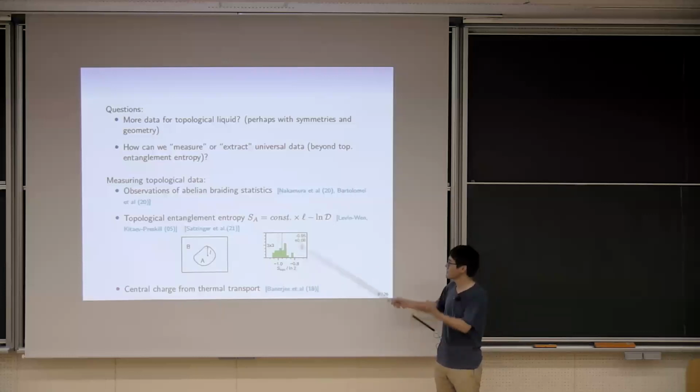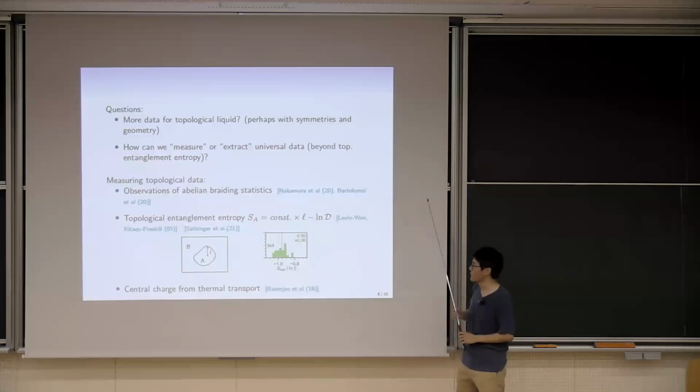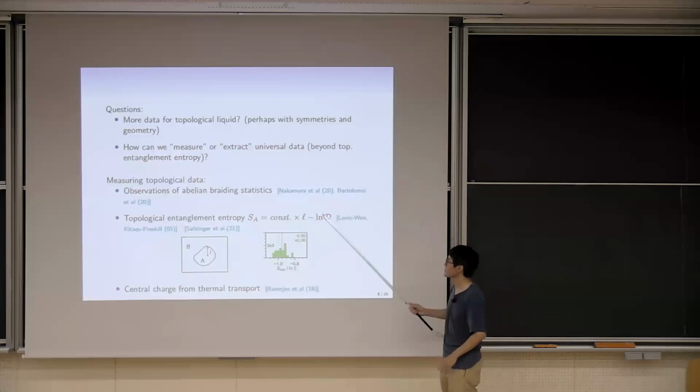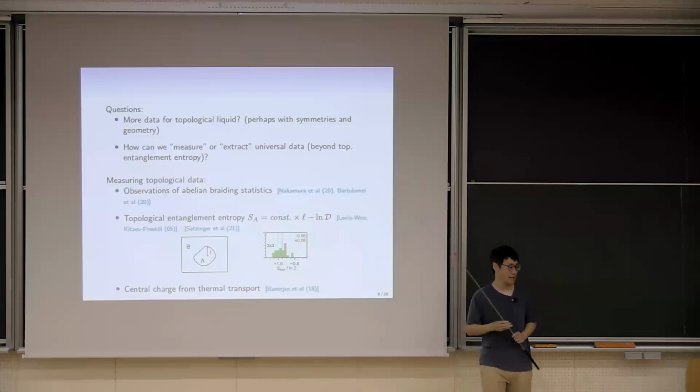So we may be interested in finding more probes for topological systems. For example, Z2 topological order and Ising topological order share the same total quantum dimension, so you can't know which state you realized.